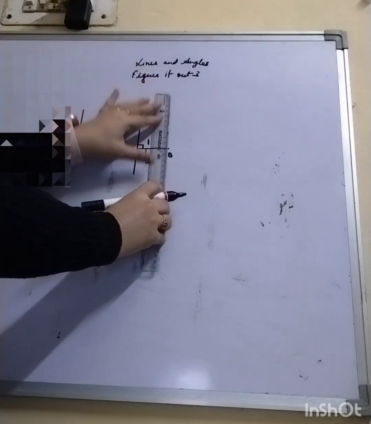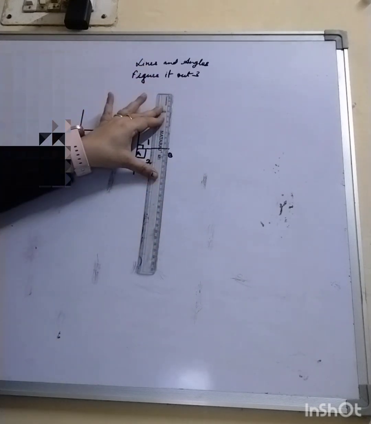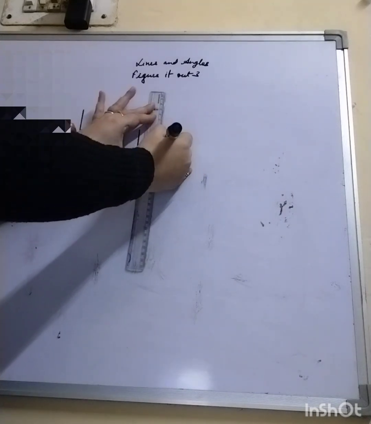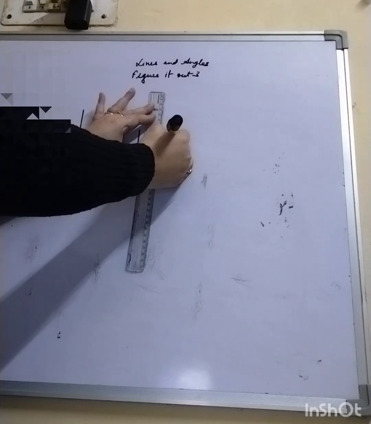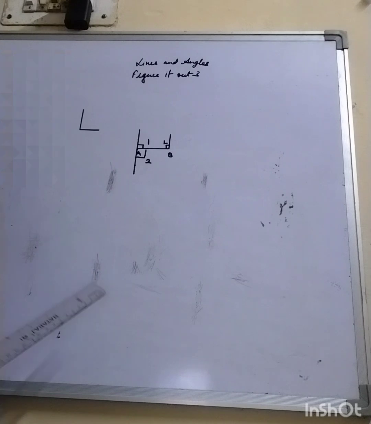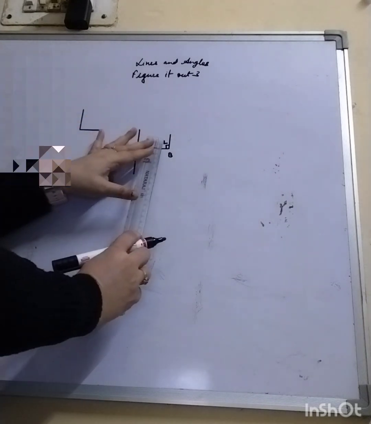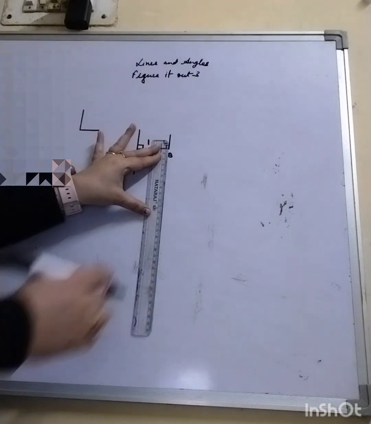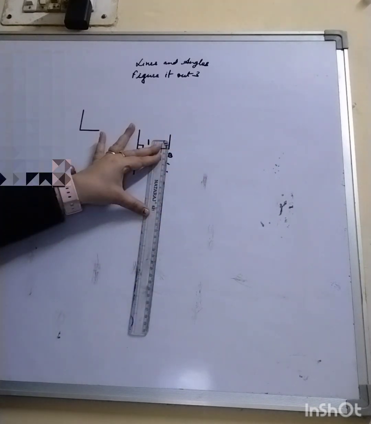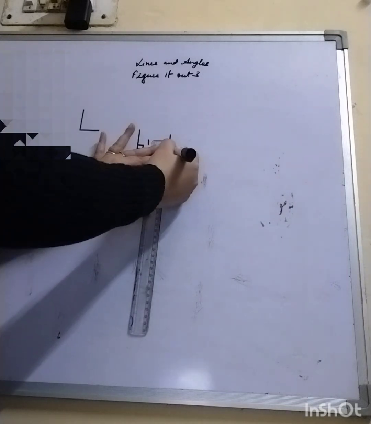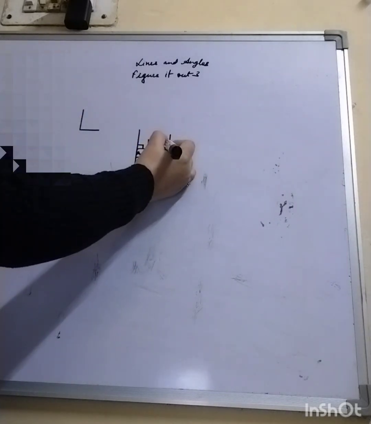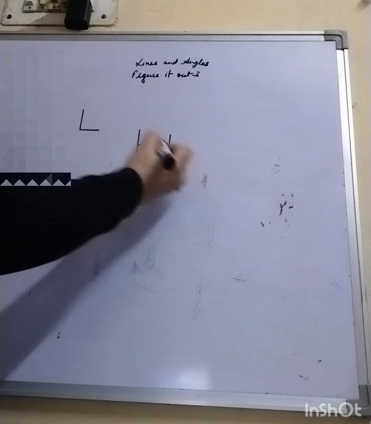Now going towards B. How many points are above B? There are 2 dots. Again join them and you get a mirror image of L. Similarly, there are 3 dots below B. So you get this is number 3 and this is number 4.